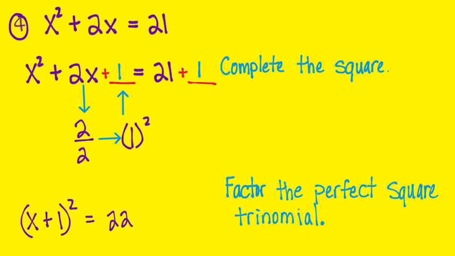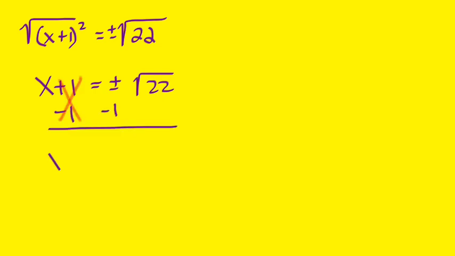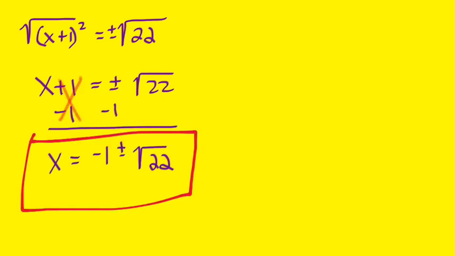Already you're probably seeing that when you go to square root that, it is not even, right? And in fact, there's nothing even in here that I can root out. So I'm going to get x plus 1 equals plus or minus the square root of 22. And then I can solve just subtracting 1 from both sides.